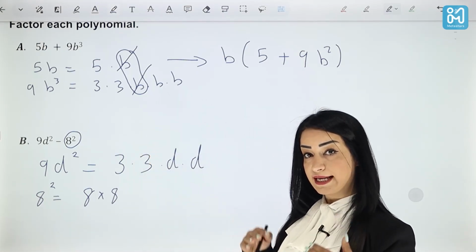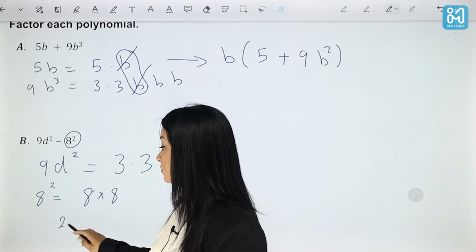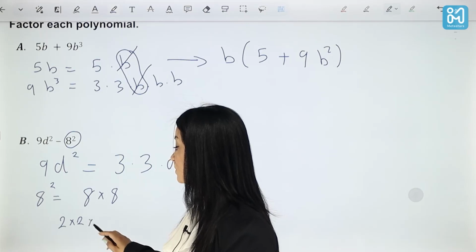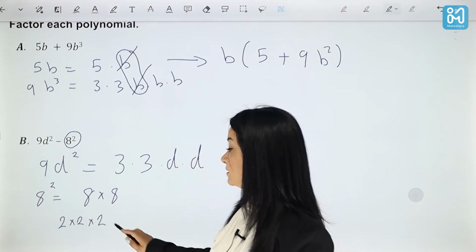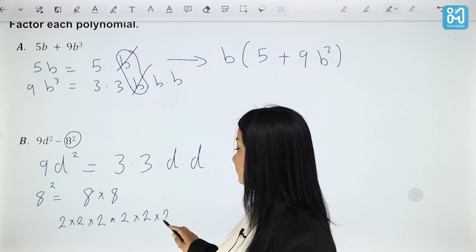I need to write 8 as a prime factorization. 8 is 2 times 2 times 2, and the other 8 is also 2 times 2 times 2.